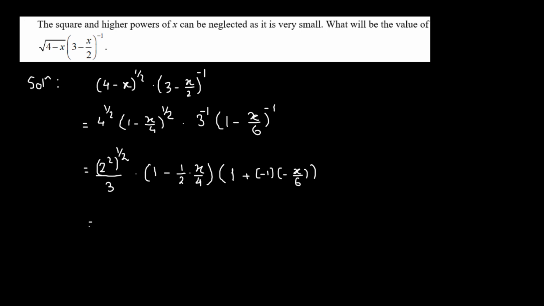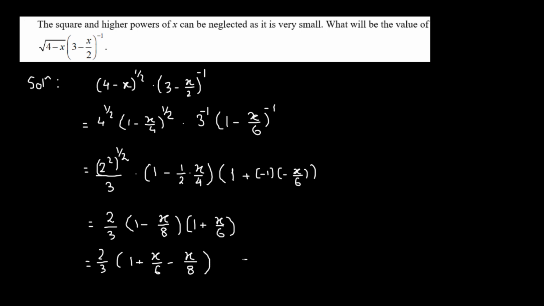So this is equal to 2 squared raised to the power of half, simply 2 over 3 times 1 minus x over 8 times 1 plus x over 6. Then we multiply the two expressions, and that would give us 2/3 times 1 plus x over 6 minus x over 8, and then we reject the fourth term because that would yield an x squared term.